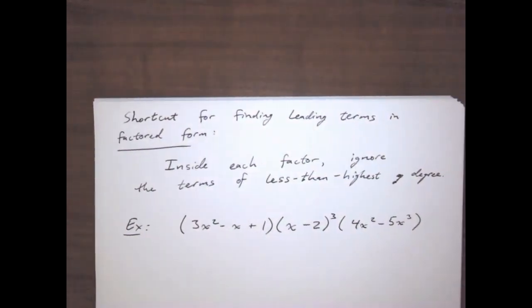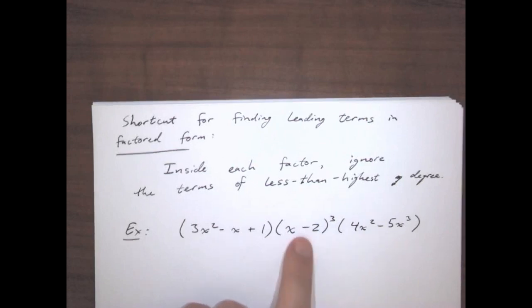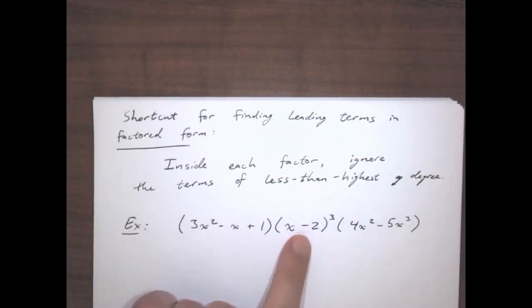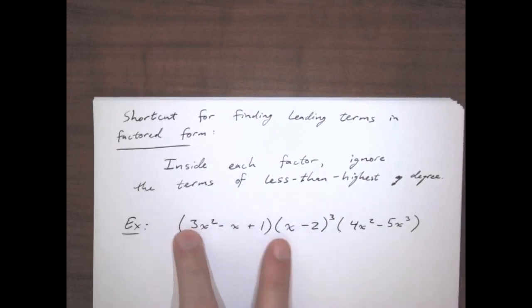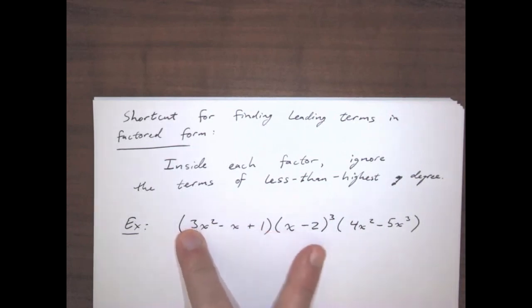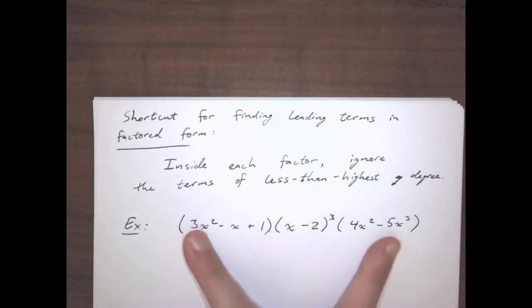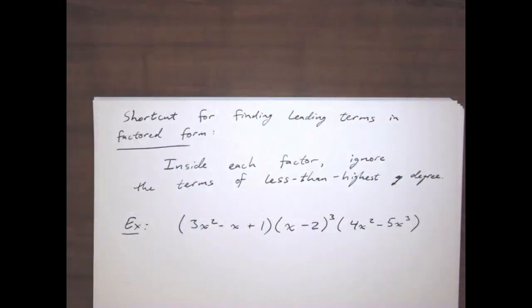So if we had something along these lines and we were actually going to try to multiply it all out to find the leading term, then that would be a big hassle because we would need to actually have 3 copies of this. We'd have to then multiply this all with the first copy, the whole result with the next copy, the whole result of that with the next copy, the whole result of that with this, and we'd have to carefully distribute everything with everything and then combine like terms. All that work just for one term, just for the leading term.